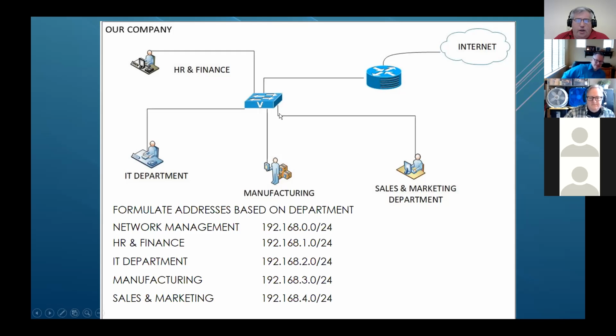But if you do that, anytime you have switch to switch communication, you want to trunk the ports. That way you can translate between VLANs and set up more VLANs in sales and marketing or manufacturing or whatever department you want. You can actually break it out into even further VLANs if you like. Like I said, there's 4,093 of them available.